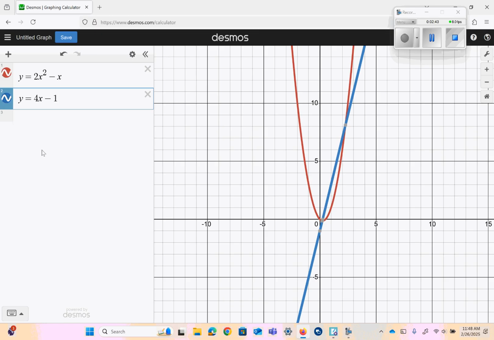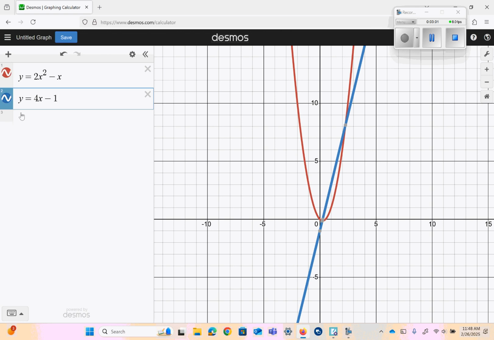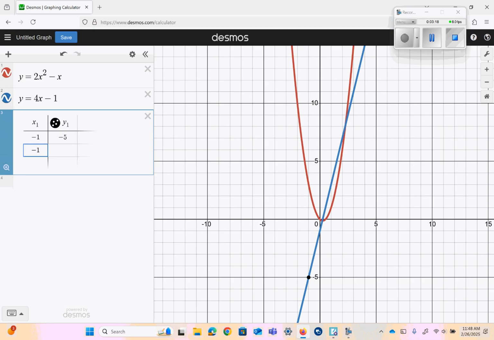And then when we took that -1 and plugged it in, let's see. So let's do this. We're going to do -1, -5. And then the other one was at -1, 3. Is that what it was?